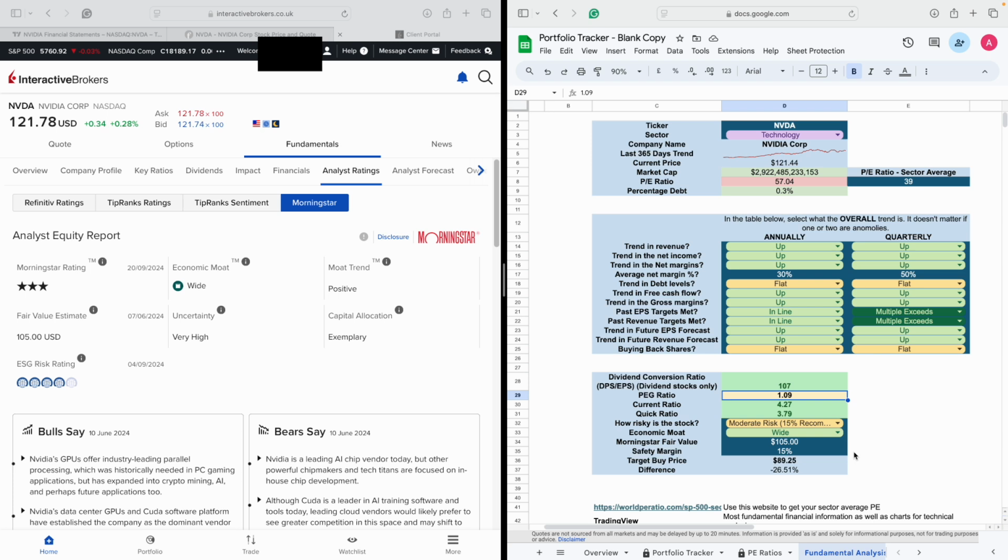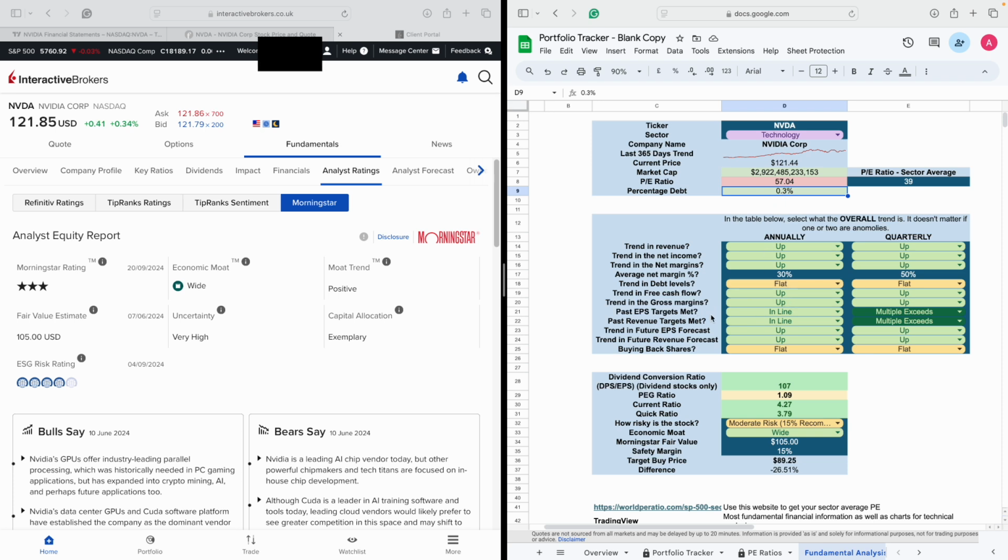So in this sort of situation, you have to decide for yourself what's important to you and what you're willing to compromise on, and how you would manage your risk. Now, for me, something like debt is very important. If it's got a very high debt, I'm not interested. And as you can see here, NVIDIA's got a low debt.